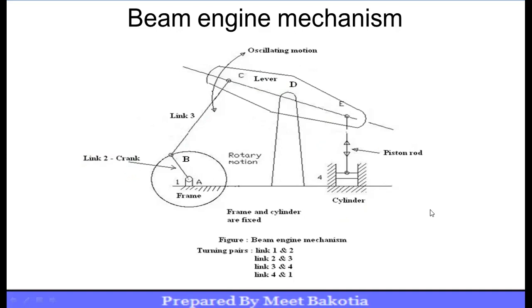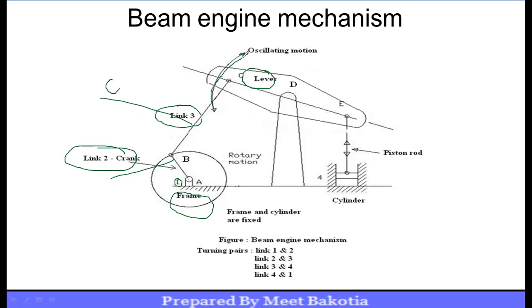This mechanism is used to convert the rotary motion of the crank into reciprocating motion. This is the fixed link, frame link number 1. As the crank link 2 rotates, our coupler link 3 oscillates. Because of that, the lever is also going to oscillate.